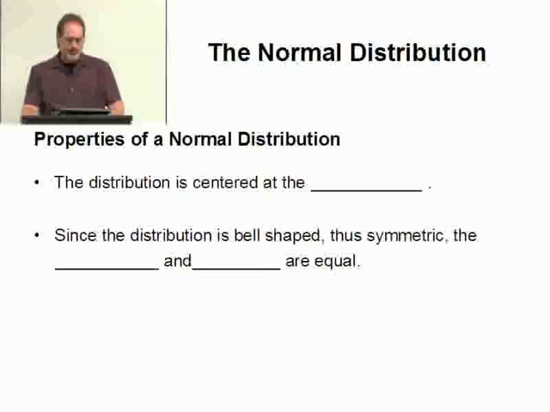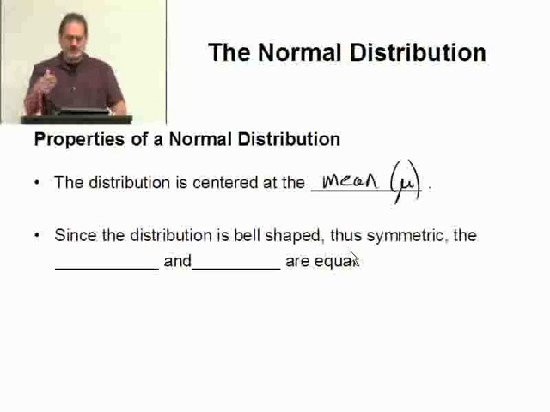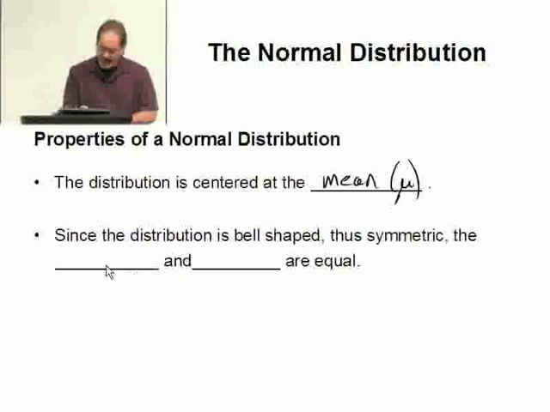The distribution is centered at the mean, which is mu. And since the distribution is bell-shaped, hence it's symmetric, we find that the mean and the median are equal.